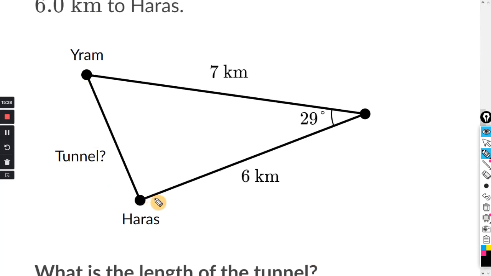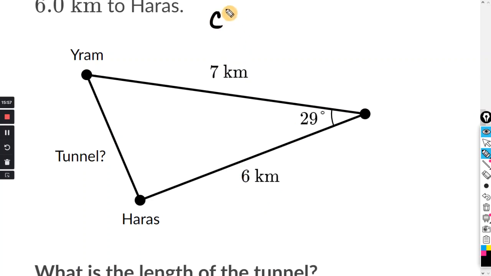Now, we cannot use law of sines because if we use the law of sines, we don't have these respective angles here. We don't have this angle across from that side or this angle across from that side. So we need to use law of cosines.